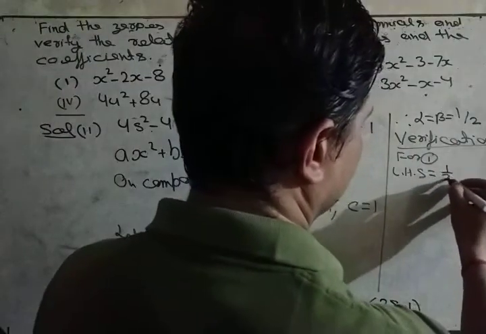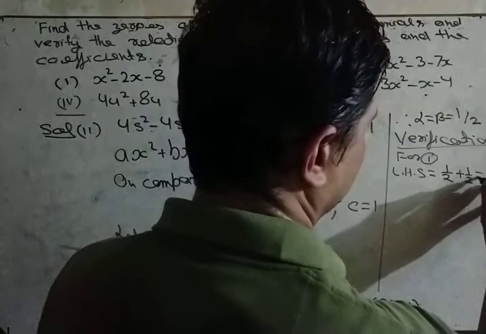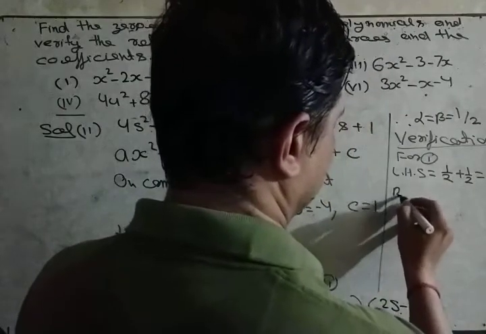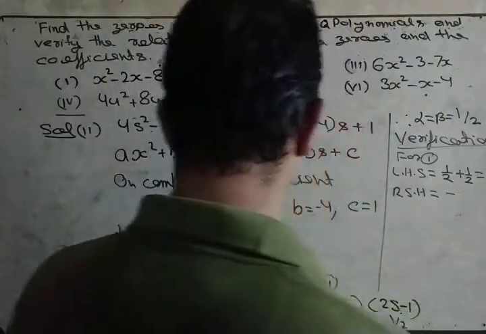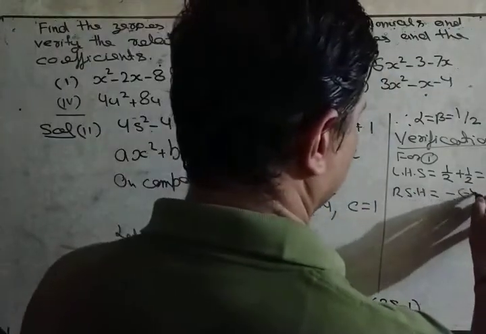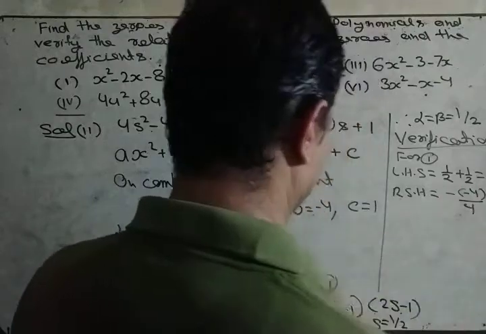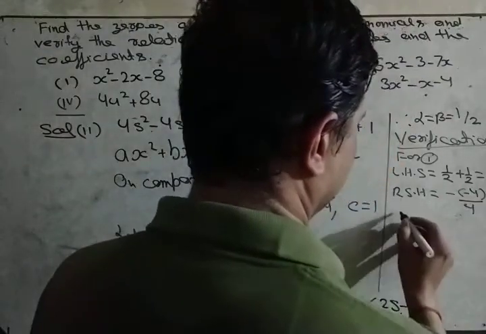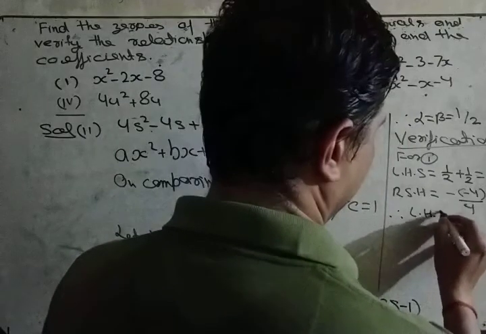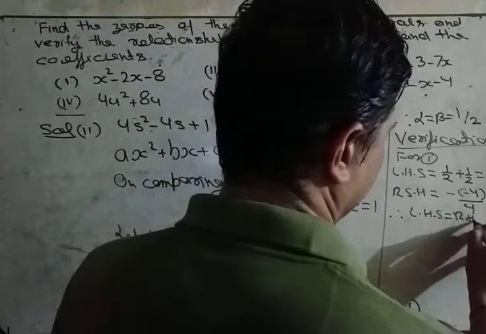We will add alpha plus beta, that is 1. RHS: minus B. B is minus 4 divided by 4. What is the answer? Answer is again 1. Therefore, LHS is equal to RHS.